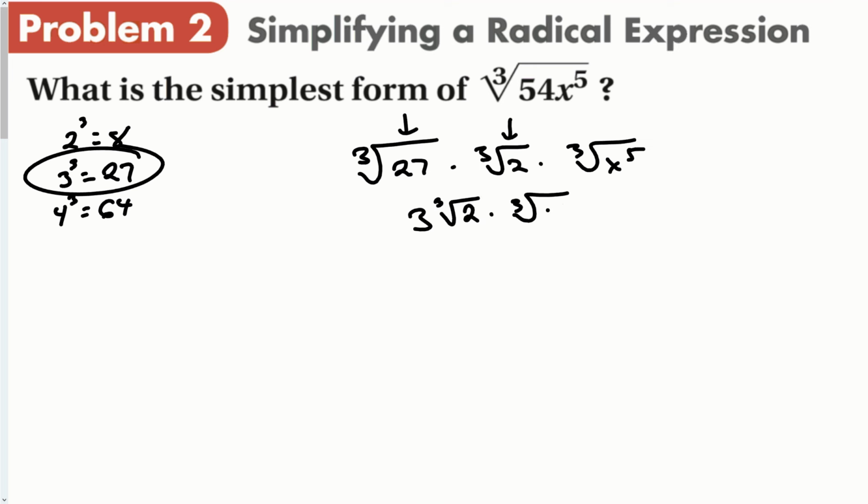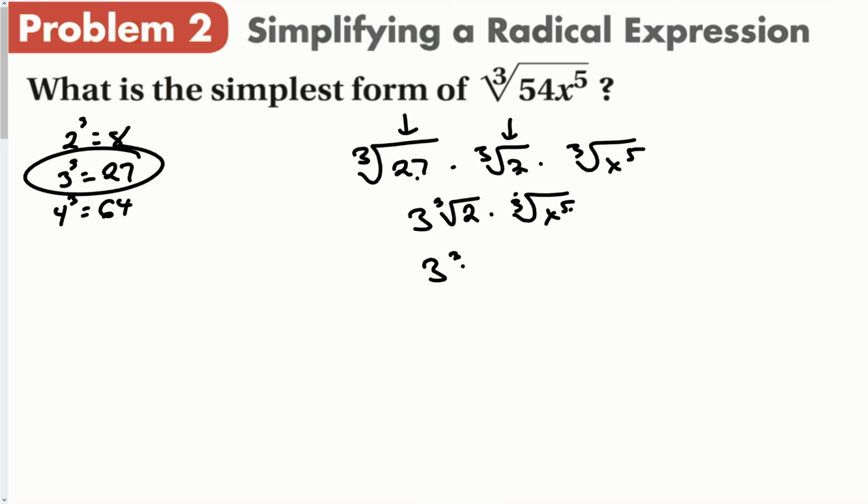And now we've got to deal with this. As long as the exponent is a factor of the index, I can simplify this. 5 is not a factor of 3. But I can separate this just like I did the numbers.